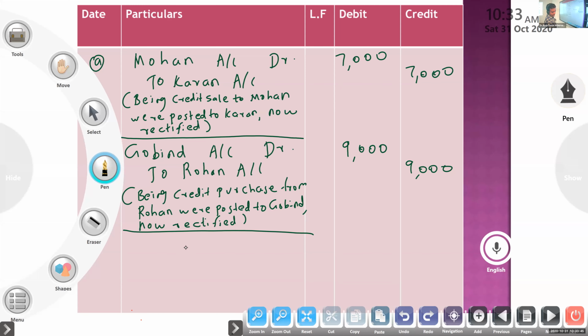Goods returned to Ragesh. Ragesh is debit or credit? Credit. Look, whether it is a purchase return or sales return.